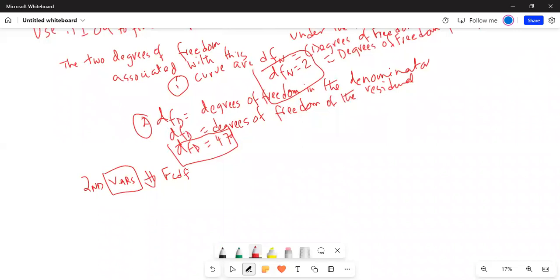Why C? Because we are finding the area to the right of 6.786. C stands for cumulative. So my lower is the F value, the test statistic, which is 6.786.